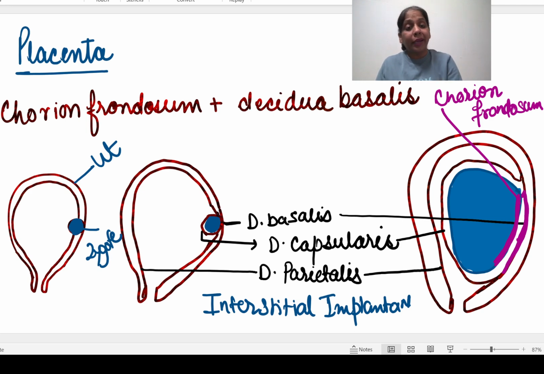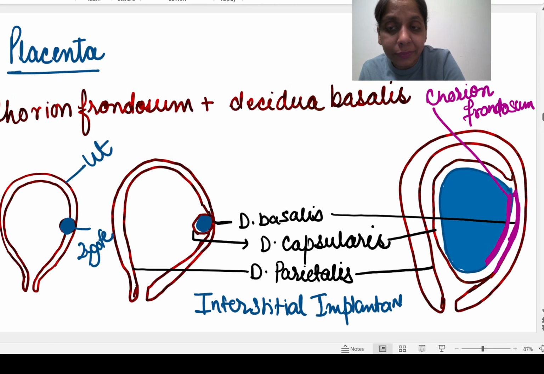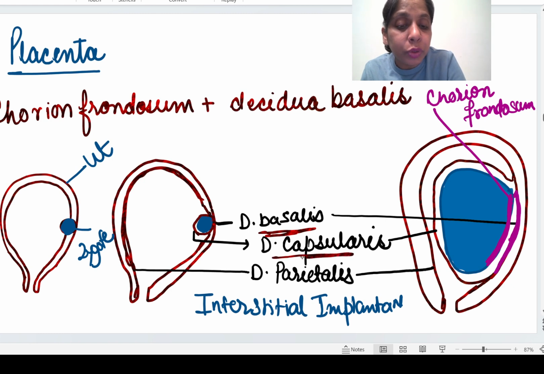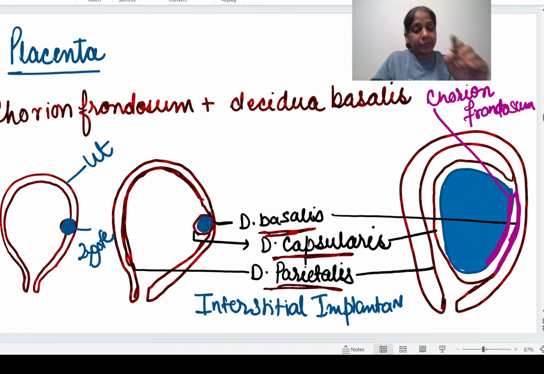As you can see in the diagram, this is capsularis. And the one which is in the periphery is the decidua parietalis. The one below is basalis, the one above the morula is capsularis, and the one at the periphery is parietalis.